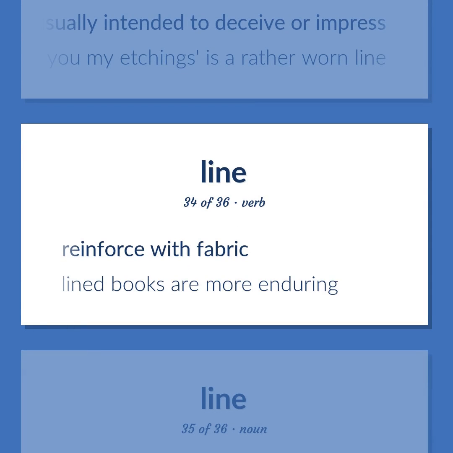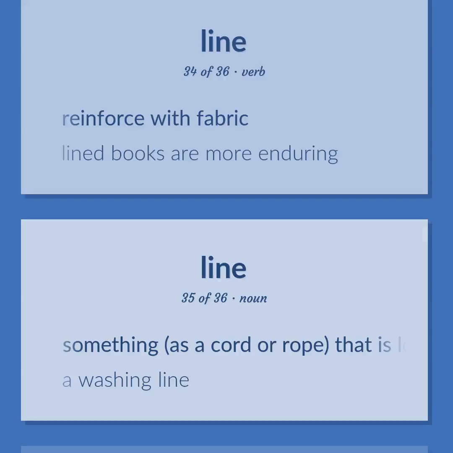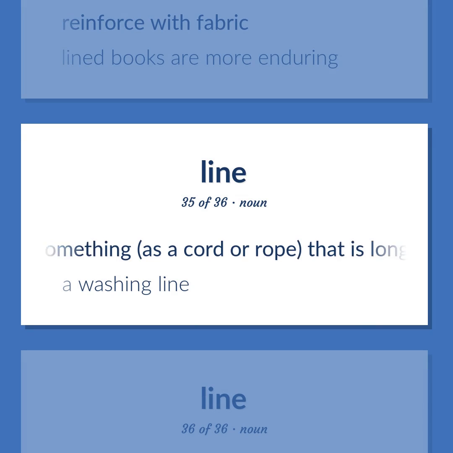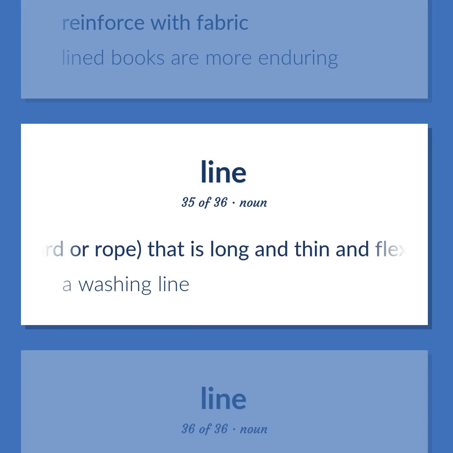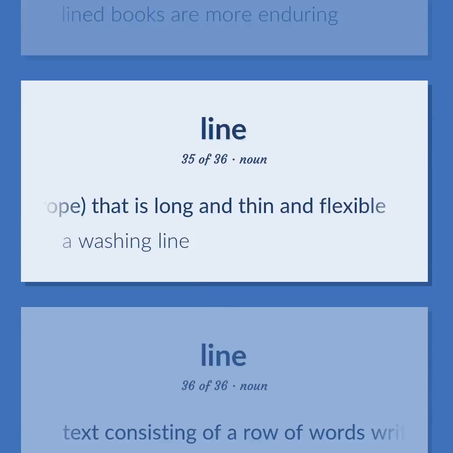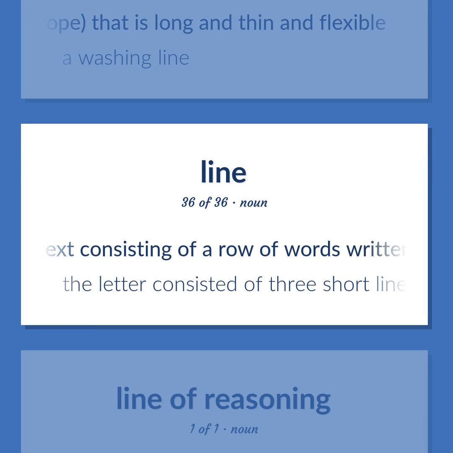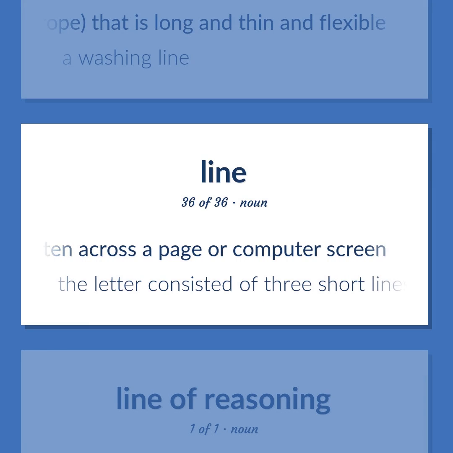Reinforce with fabric. Lined books are more enduring. Something, as a cord or rope, that is long and thin and flexible. A washing line. Text consisting of a row of words written across a page or computer screen. The letter consisted of 3 short lines.